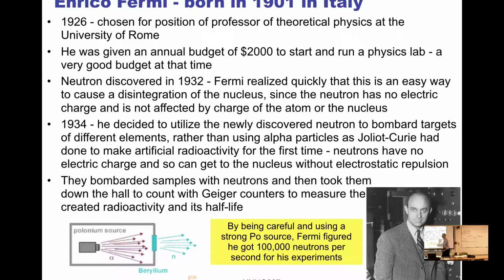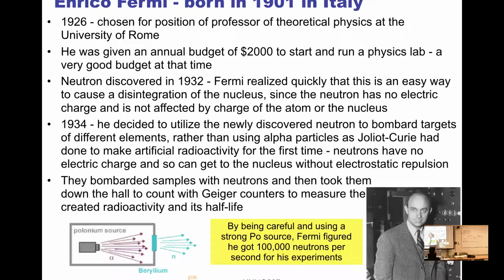So he figured out a way to do this. Take an alpha source, polonium or radium. You train that emitted alpha particles on beryllium, and it turns out this is how Chadwick discovered the neutron. At first, when alpha particles hit beryllium, they thought what came off were gamma rays.